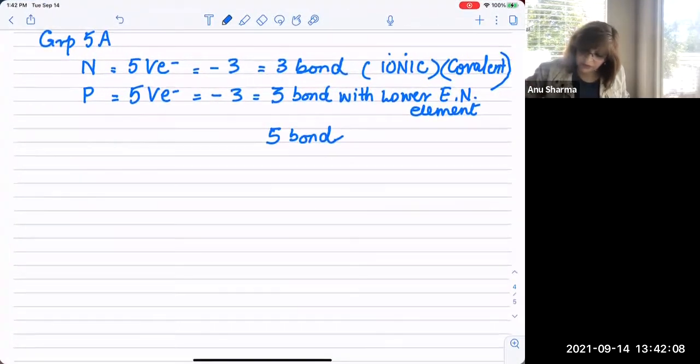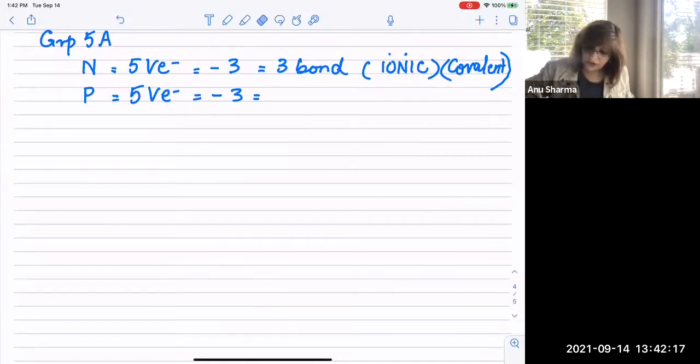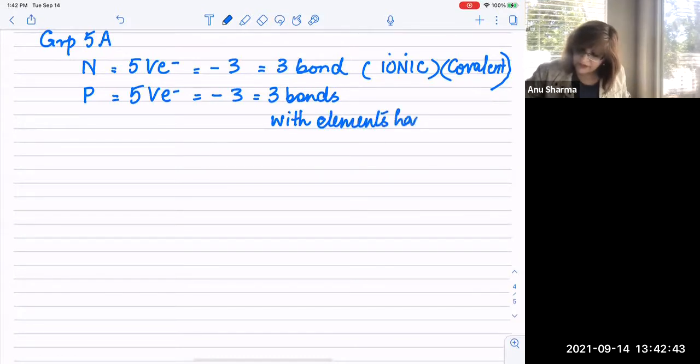5 bonds are with an element with higher electronegativity. So let's put it in a better way. So it forms 3 bonds with elements having lower electronegativity.